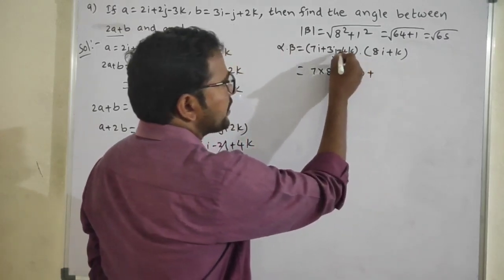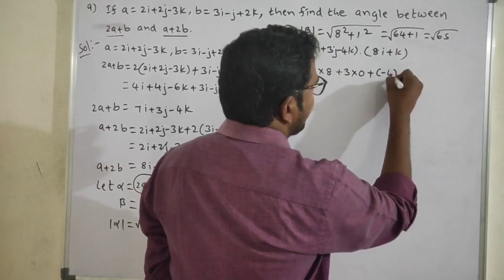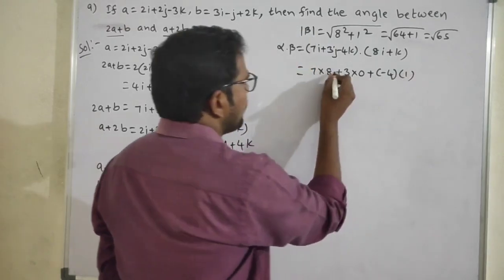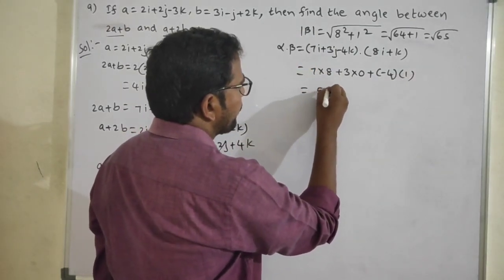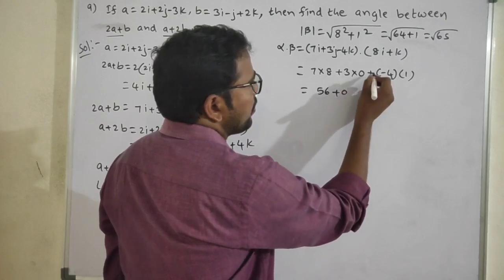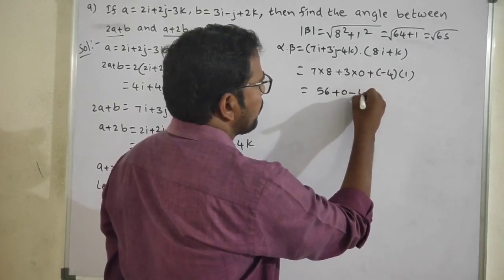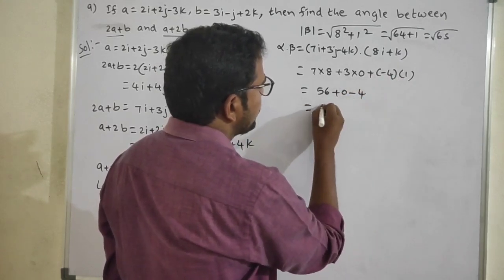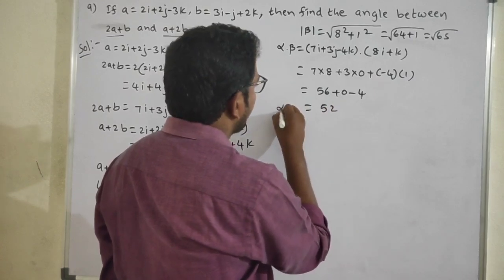Plus k coefficient minus 4 into 1 is minus 4. 56 minus 4 is 52. This is alpha dot beta.